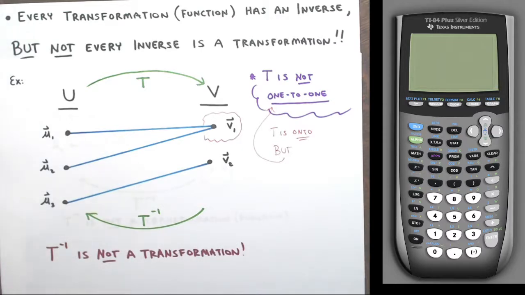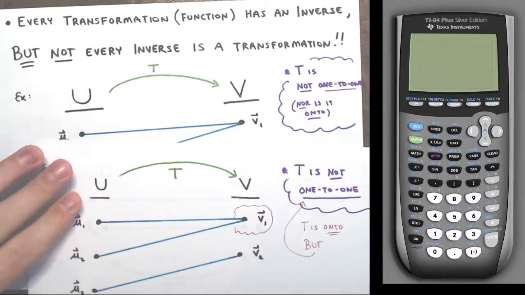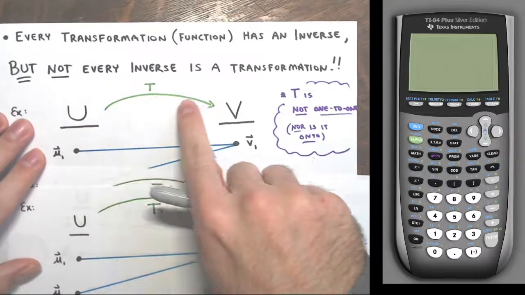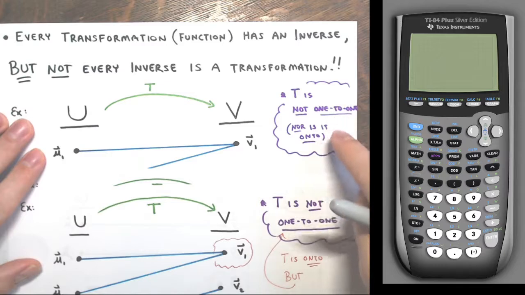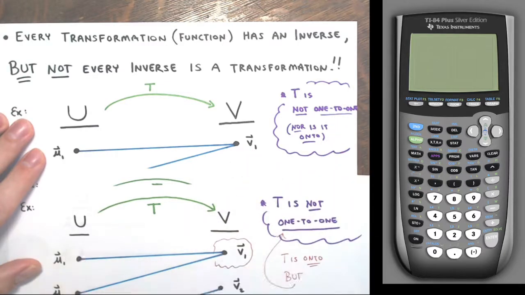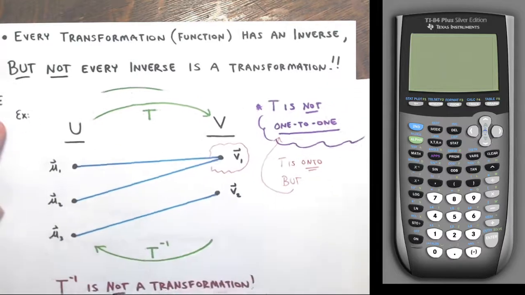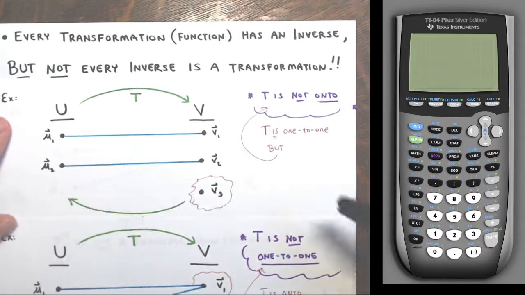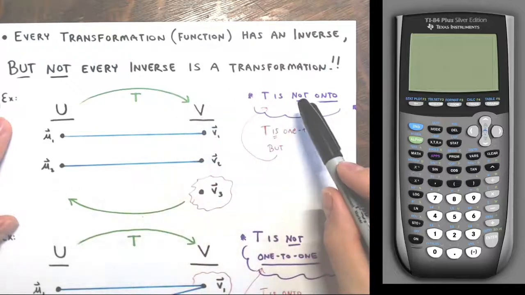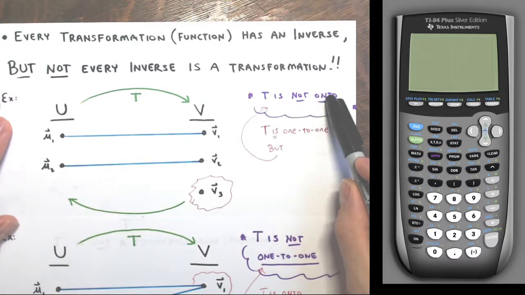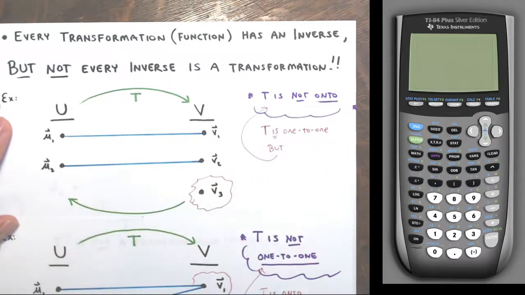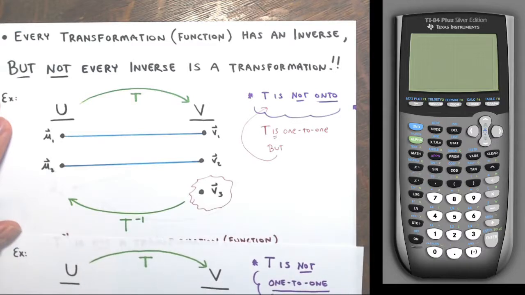So far we have seen when a transformation is neither one-to-one nor onto, the inverse mapping is not a transformation, not a function. We've seen that when a transformation T is not onto, the T inverse is not a transformation.